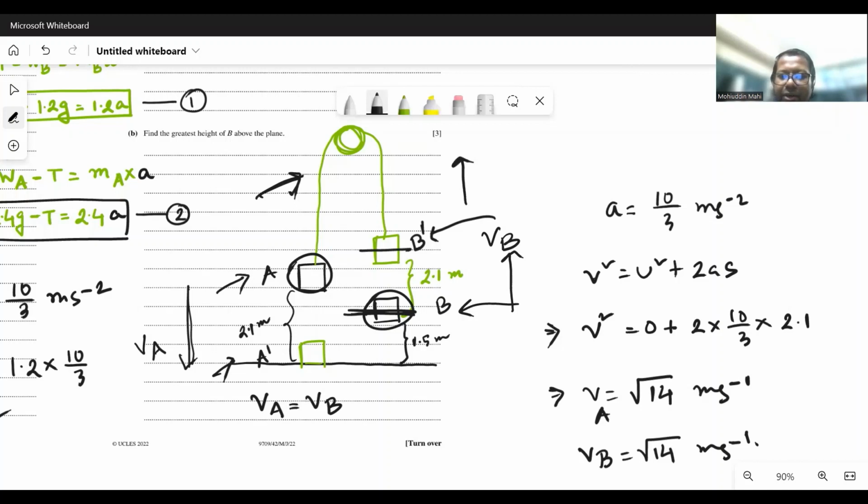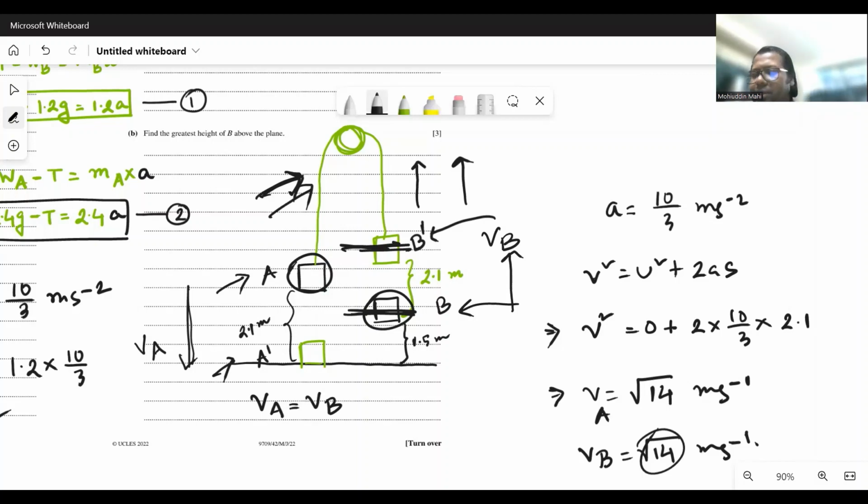The tension on the string on the side of A was happening because of the weight of A, which is acting downwards. But as A has touched the ground, it won't be able to create any tension on the wire. As a result, after reaching that point, as B was having some velocity, root over 40 meter per second, because of that velocity and because of inertia of motion, it will still move in upward direction.